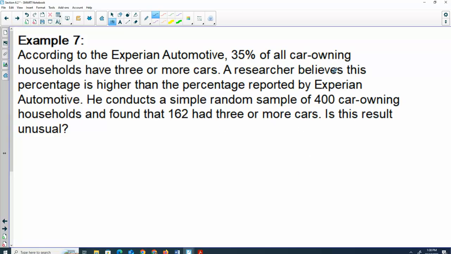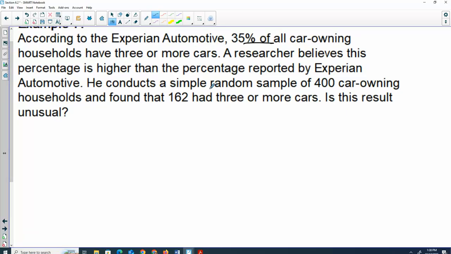Alright, so last question. According to the Experian Automotive, 35% of all car-owning households have 3 or more cars. A researcher believes this percentage is higher than the percentage reported. He conducts a simple random sample of 400 car-owning households, and finds 162 had 3 or more cars. Is that unusual?